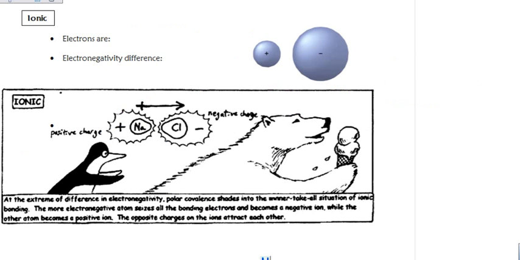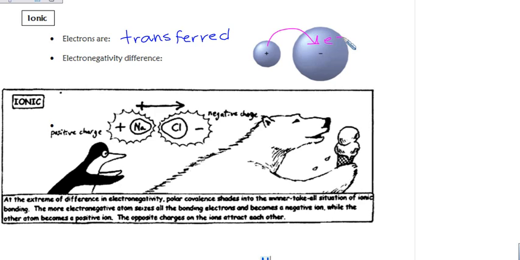And then finally, there are ionic bonds where the electron is transferred. So we've got our positive and negative ion. One electron is transferred from the positive to the negative. We completely add that electron to the negative ion. And again, now it's not just partially positive or partially negative.